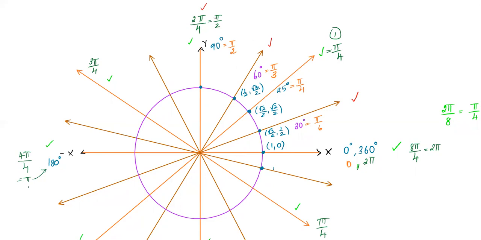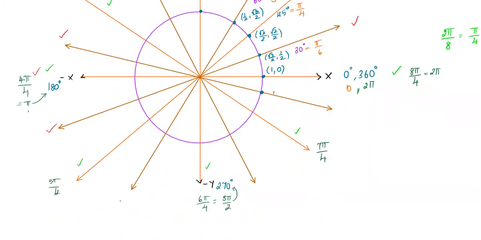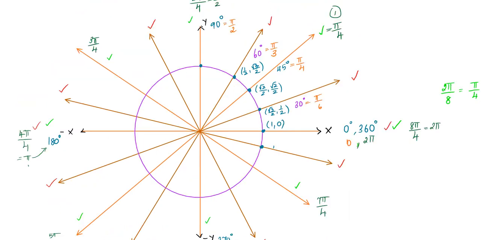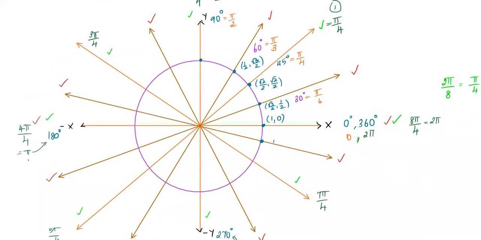So 1, 2, 3, skip this. And then go here, here, here, skip the 45-degree mark, here, here, here, skip 45-degree mark, here, and back here, okay?